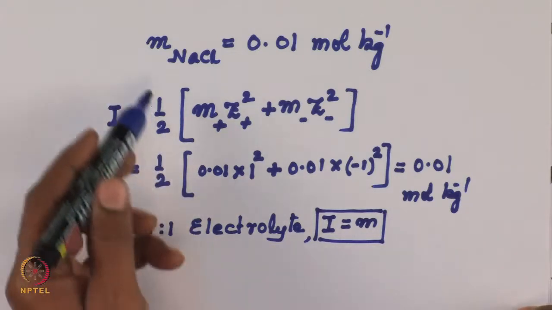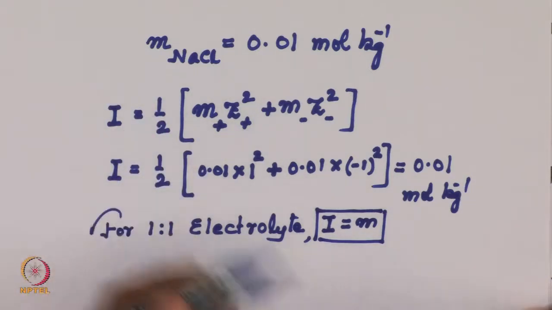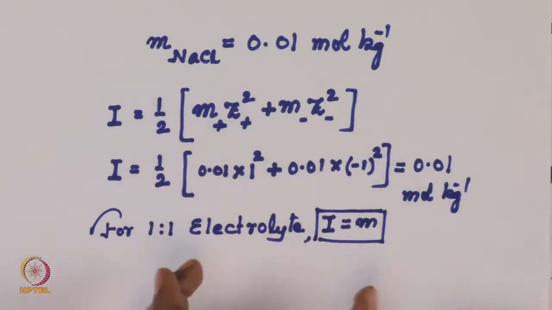But I discussed this calculation only to make things clearer: if you have only sodium chloride in solution, which is a 1:1 electrolyte, in that case I is equal to m.